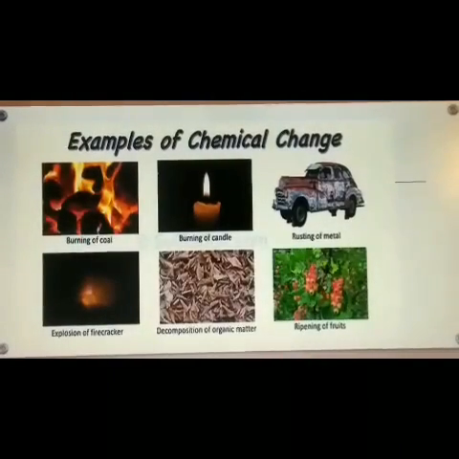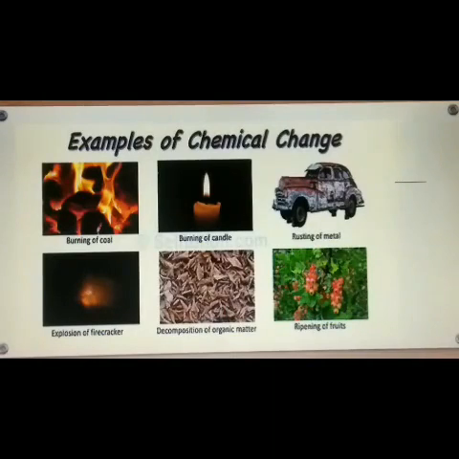Now in these pictures, are you able to see the chemical changes here? That is due to the burning of coal. When you burn any coal, it forms ash, and that occurs due to a chemical change only. And then the burning of a candle, or the rusting of any metal.